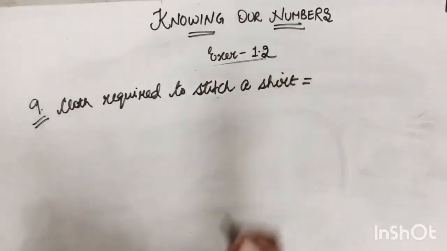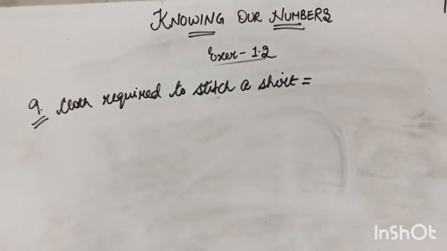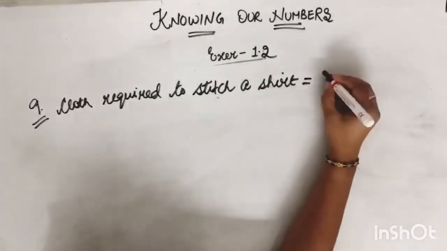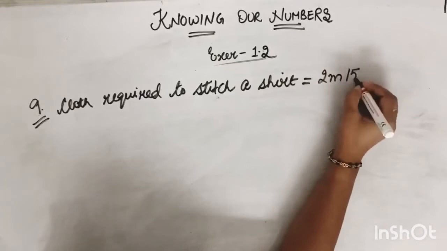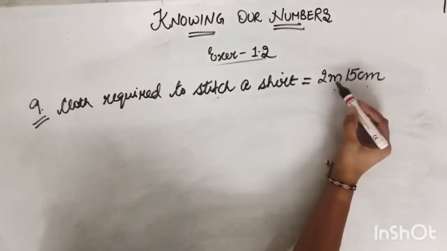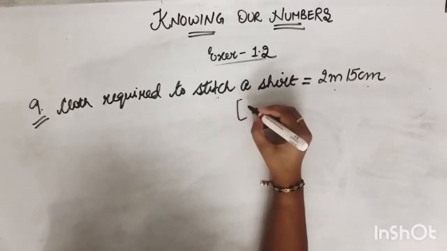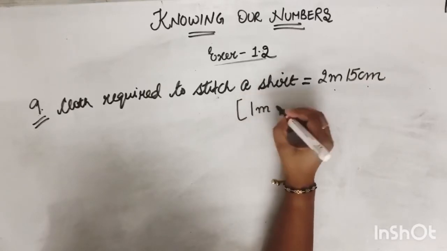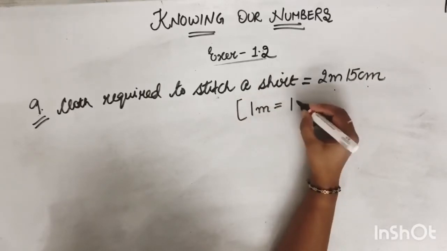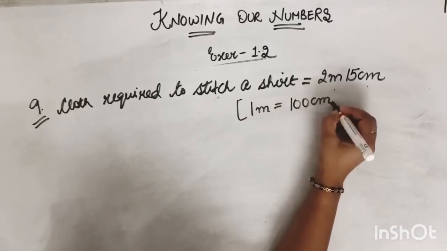Cloth required to stitch a shirt is 2 meter 15 centimeter. We'll convert meters into centimeter. We know that 1 meter is equal to how many centimeter? 100 centimeter.